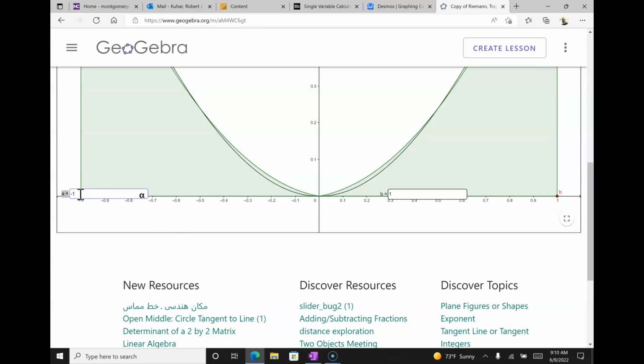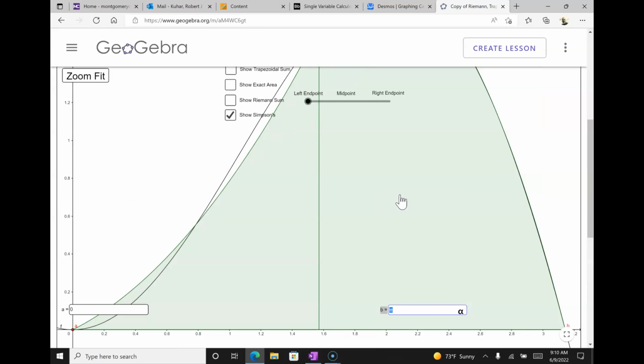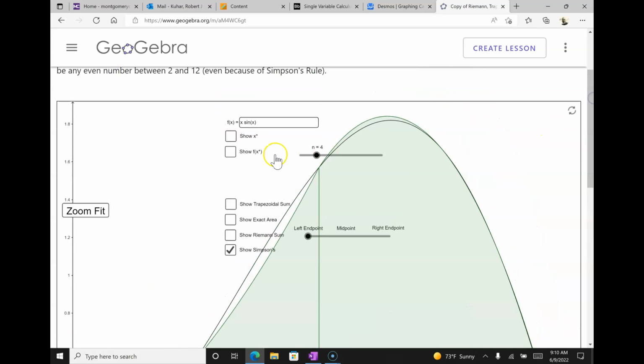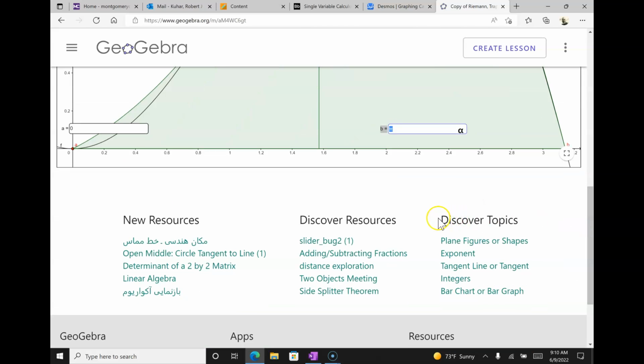Oh, here, this one's pretty good. I can type in 0. Let's see if I can type in pi. Yep. But where is my area down?